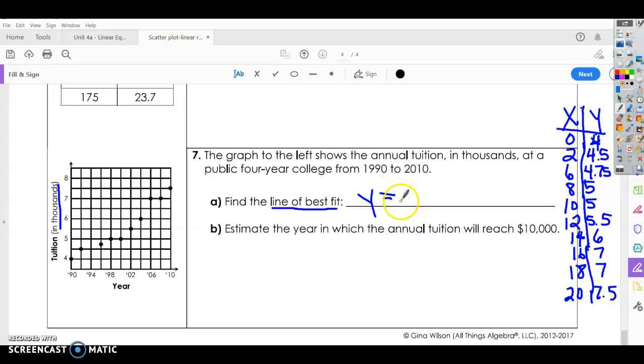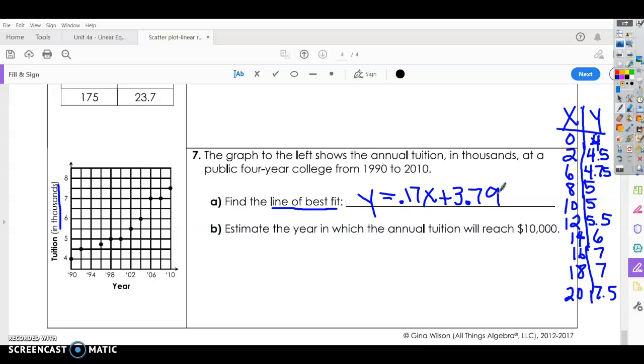Y equals 0.17. Again, if it doesn't tell you where to round it, a good place to round it is to the hundredths place or 2 decimal places. And then plus 3.79.